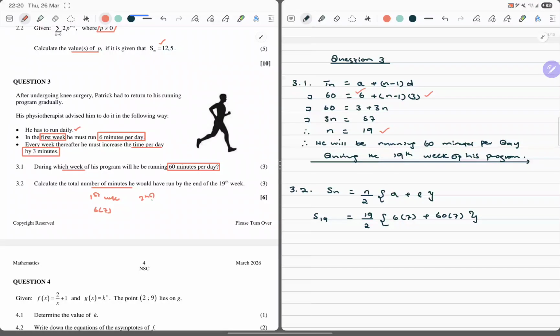The second week, I just want to check if at all this is arithmetic. This is going to be increased by 3, so it's going to be 9 times 7. That would be 63. Okay, 63.